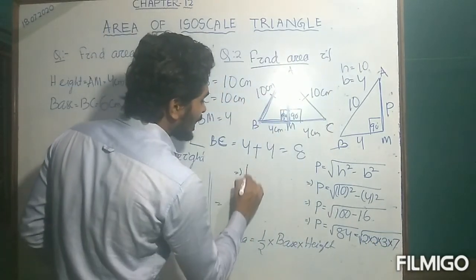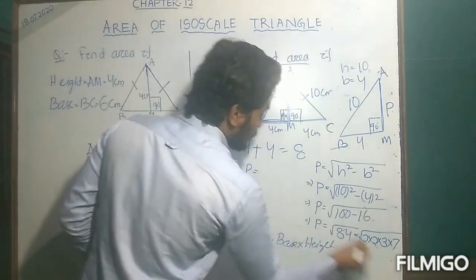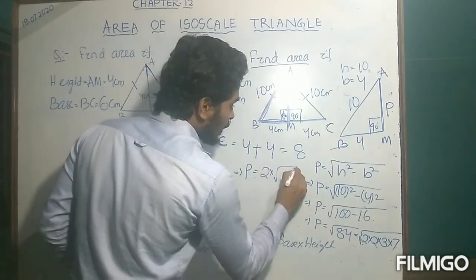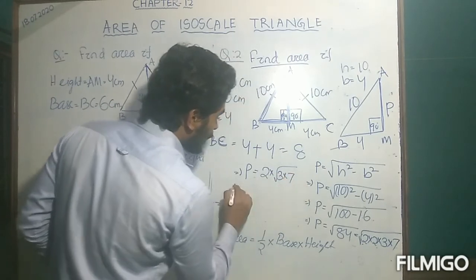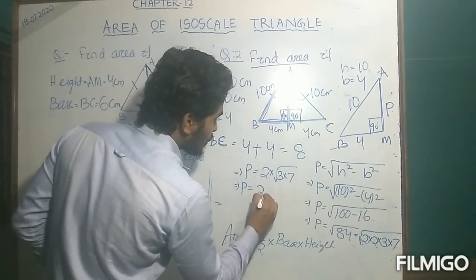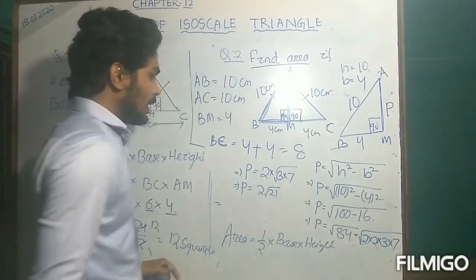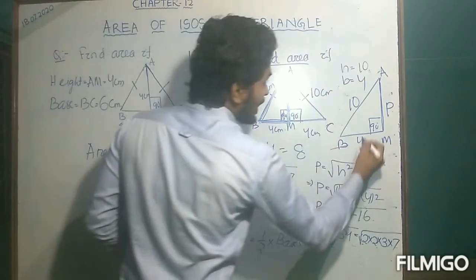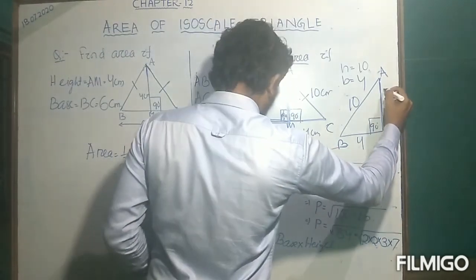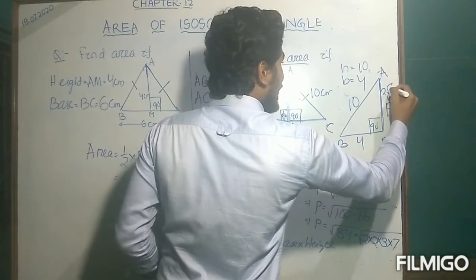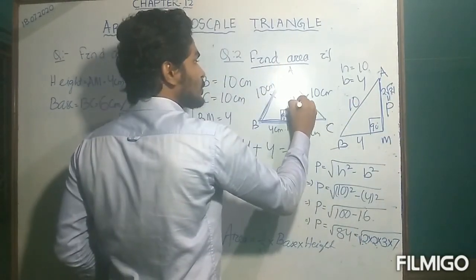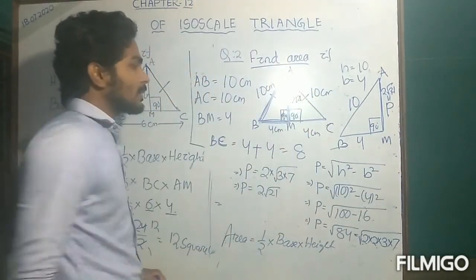So finally you get P is equal to, for the two 2's it is 2, and square root of 3 into 7. Hence P is equal to 2 root 21. Now this P is found. You can write this P is 2 root 21. This is the height part.